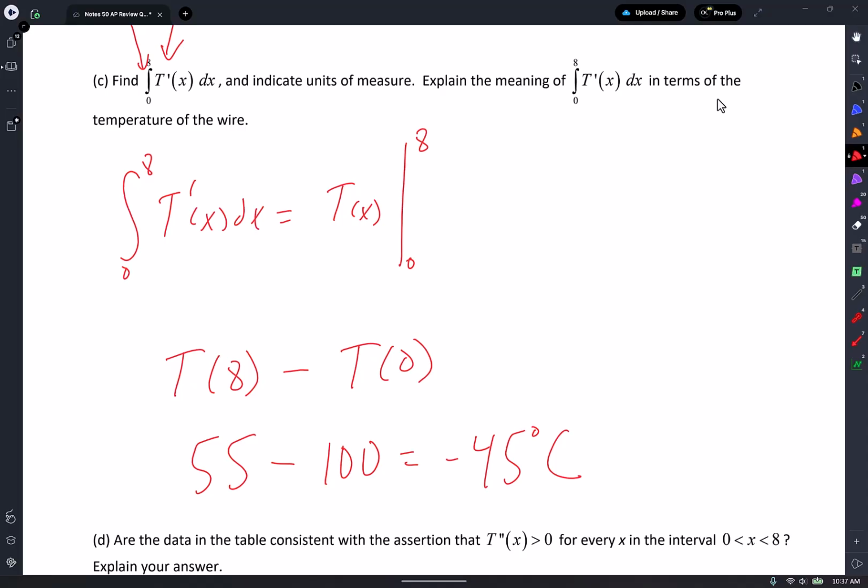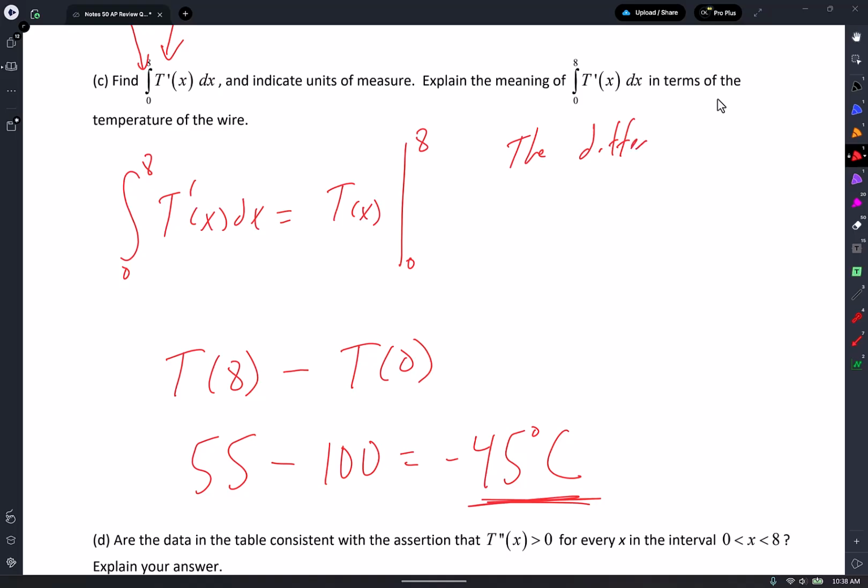The difference between t equals 0 and t equals 8 is that at the end, you are 45 degrees cooler. Does that make sense? That's what I'm going to write.